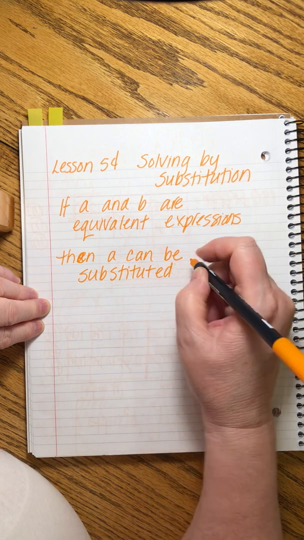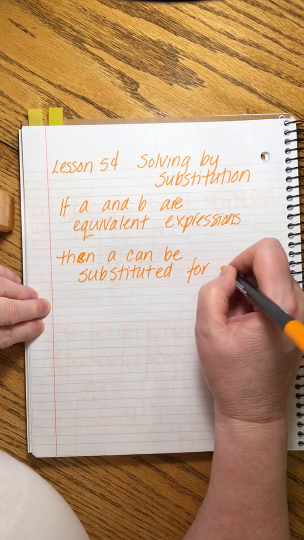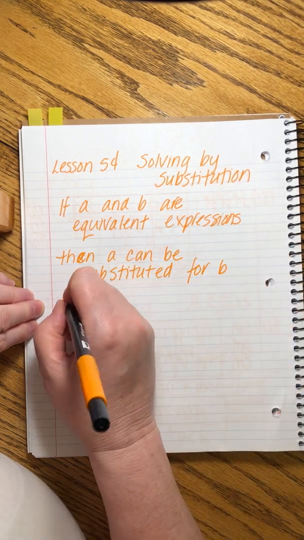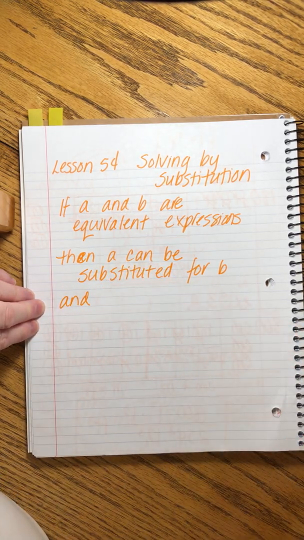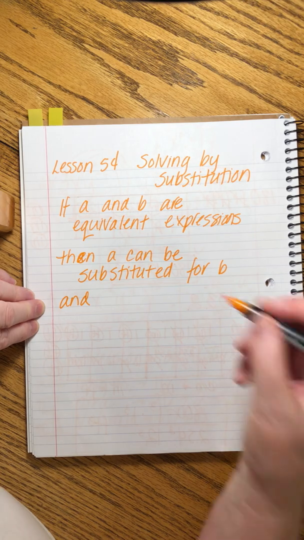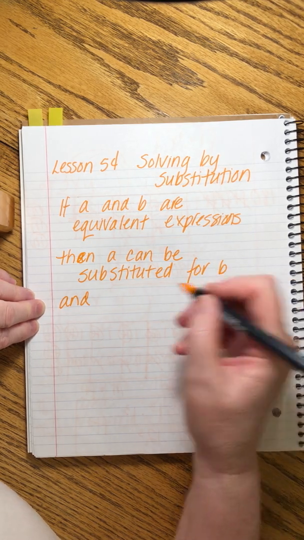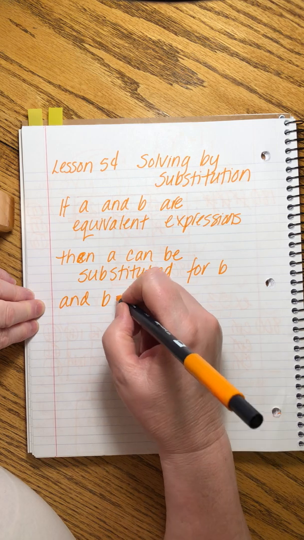This is so simple. I know I'm making it sound really, really complicated and you're copying all this. Remember, copy everything I write down. But I'll explain to you what it means and why it's important in just a second.